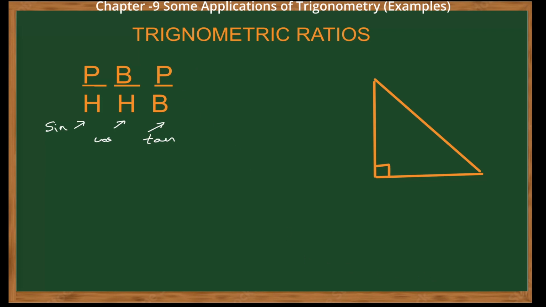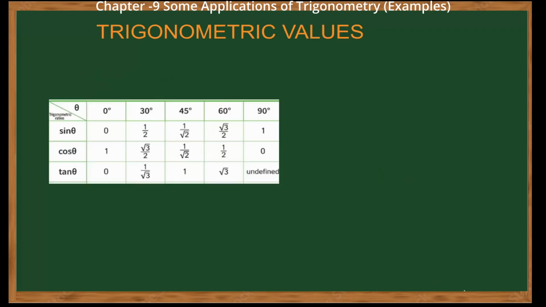The next concept we need to remember is the trigonometric values. We have derived in our previous session on trigonometry the values for 0 degree, 30 degree, 45 degree, 60 degree, and 90 degree. In this application, you don't need to remember all of them. We have seen the way to retrieve the values.